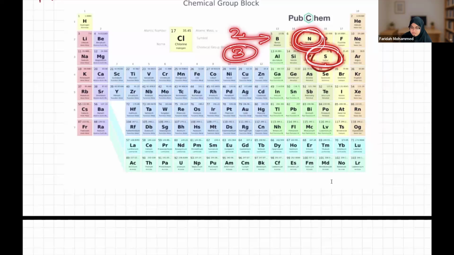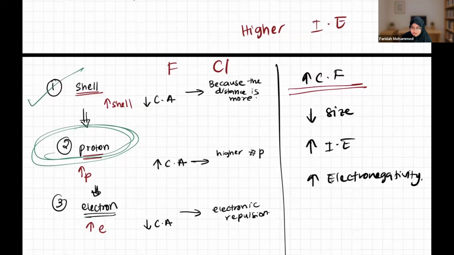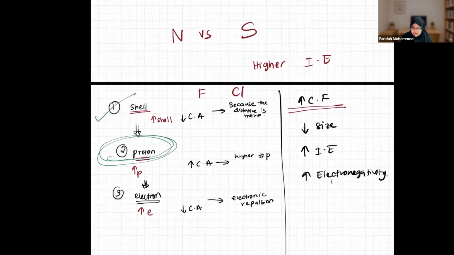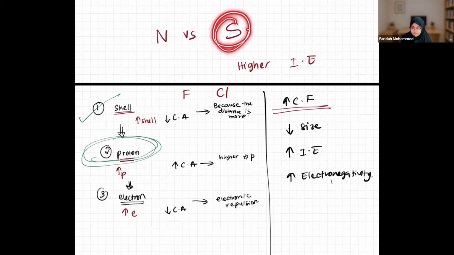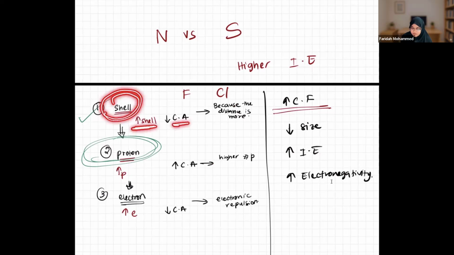So sulfur is farther away. The valence shell is farther away from the nucleus in sulfur. So you're gonna say, because sulfur has more number of shell, the Coulombic attraction is lower in sulfur, right?